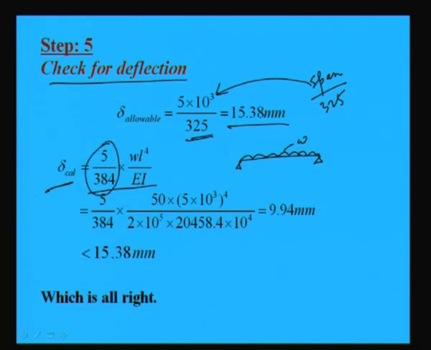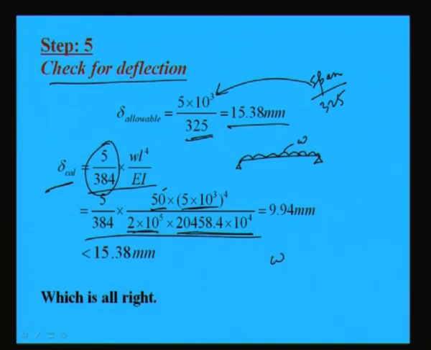If we put the values, 5 by 384 into W is 50 and L is 5 meter, that means 5 into 10 cube millimeter, and then E is 2 into 10 to the 5 Newton per millimeter square, and I is 20458.4 into 10 to the 4 millimeter to the 4. We are changing everything to Newton and millimeter to keep the same unit.